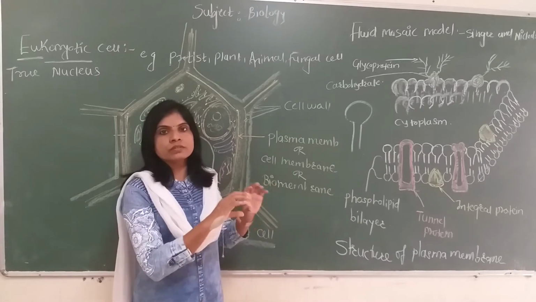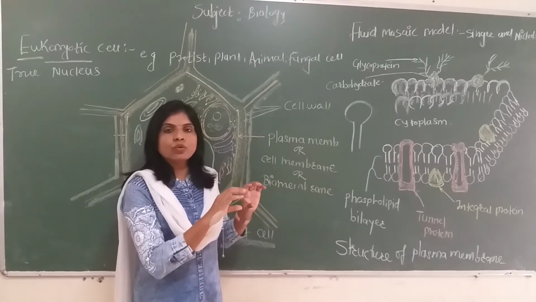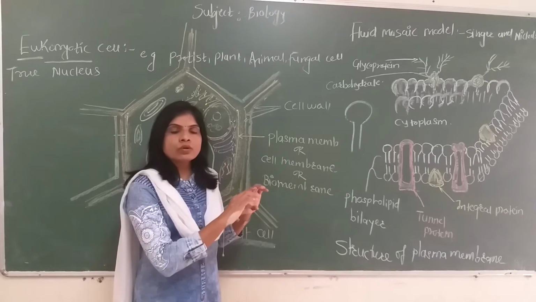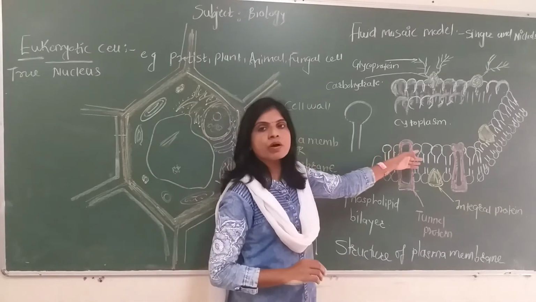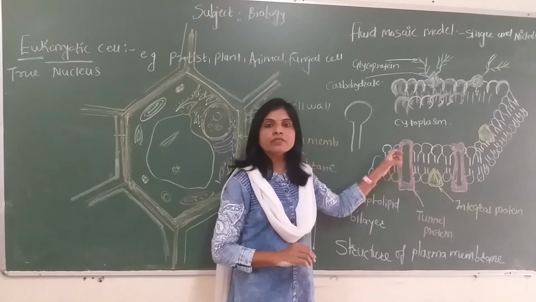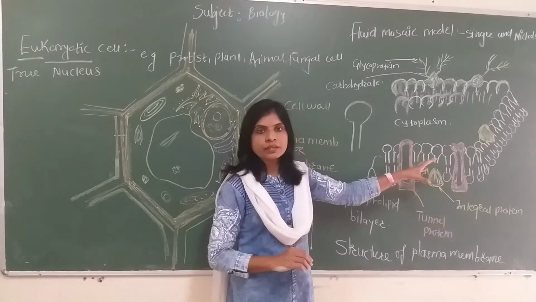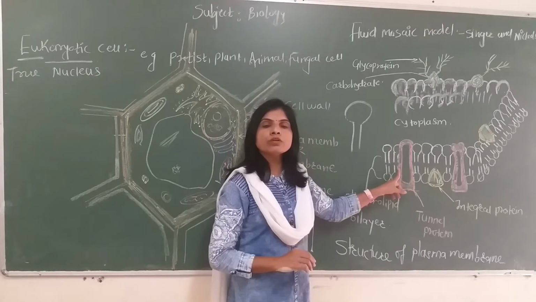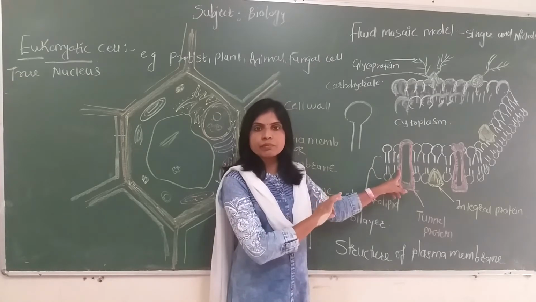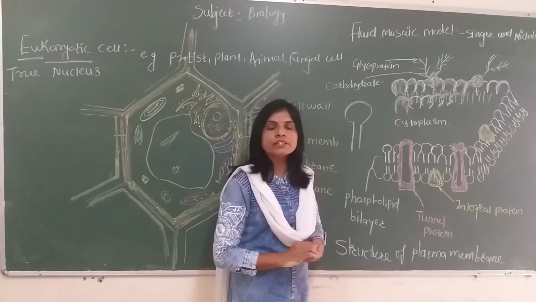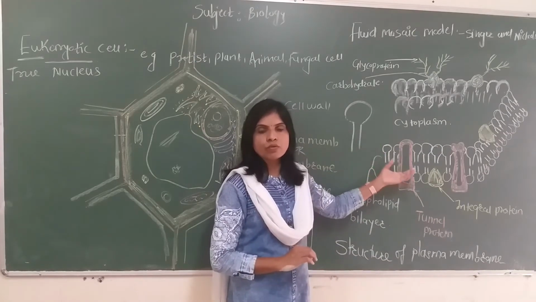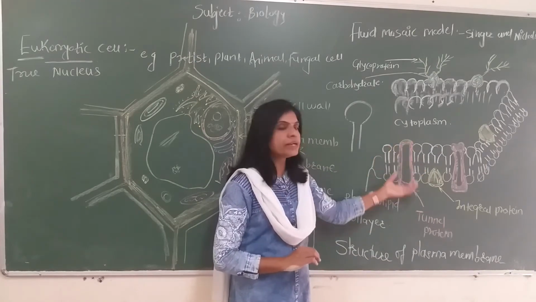Because the hydrophobic tails are arranged at the middle part of the plasma membrane, it maintains the fluidity of the membrane. It allows the proteins embedded in the membrane to move from one place to another. So the fluidity of the membrane is maintained by the hydrophobic tails of the lipid bilayer.